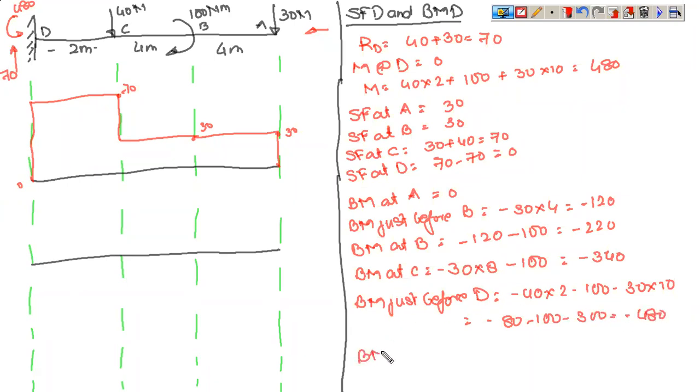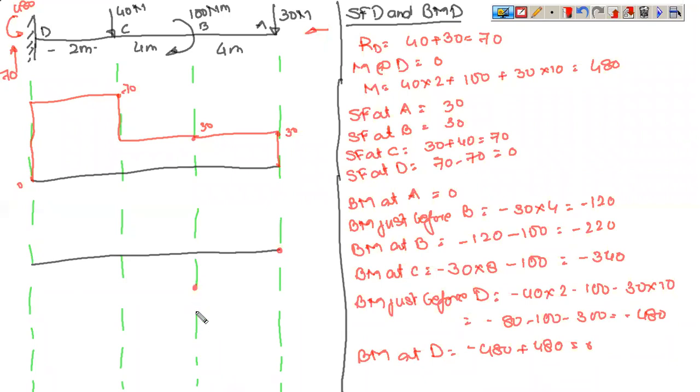And BM at D is minus 480 plus 480. This is 0. This plus 480 is due to this anti-clockwise moment of 480 being acted at point D. So now let us plot the point. This is 0. BM just before B is minus 120. So this is minus 120.